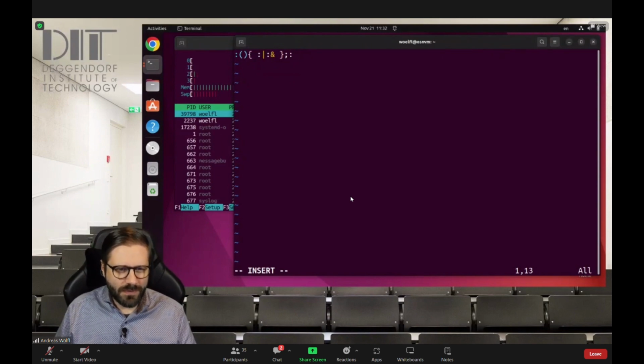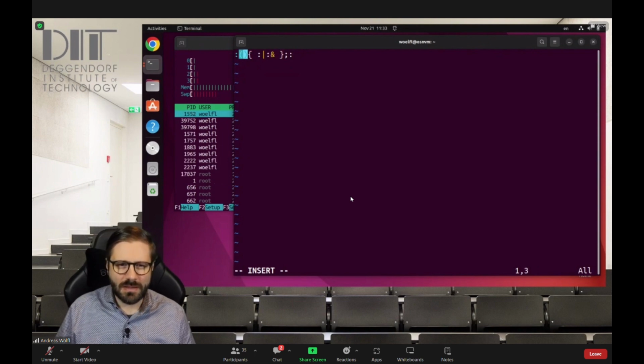And if I write this sequence of characters into an editor, you get the syntax highlighting, and there you see as well that the first 3 characters are basically highlighted, and the semicolon and the ampersand are also highlighted as well.